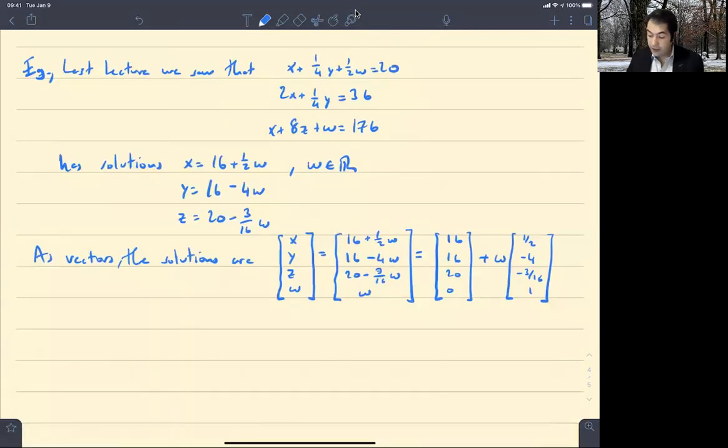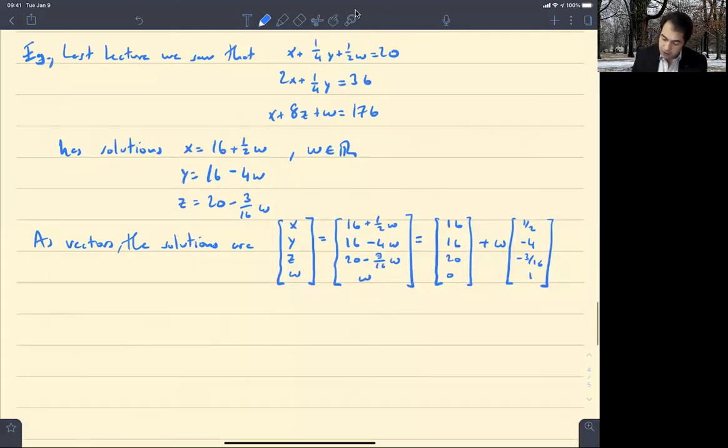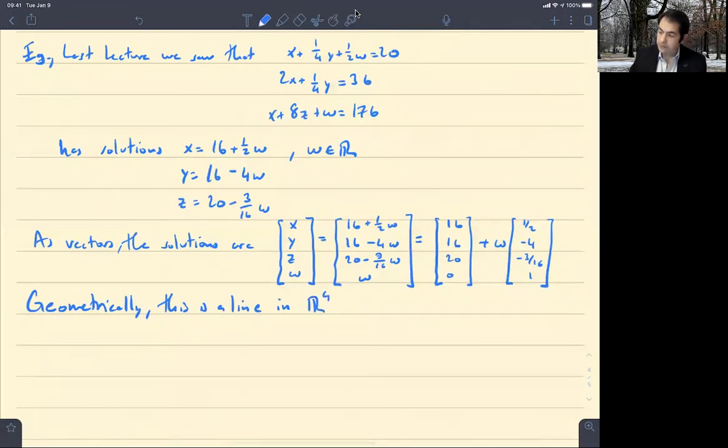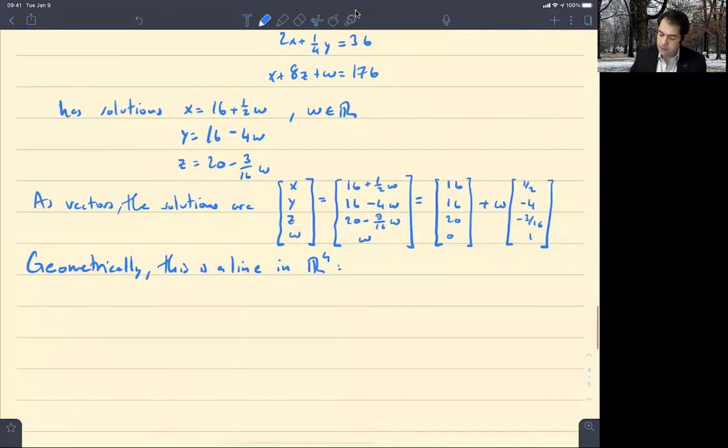Okay, now we recognize this is exactly the sort of thing we were just drawing, right? Geometrically, this is a line in R4. Right?